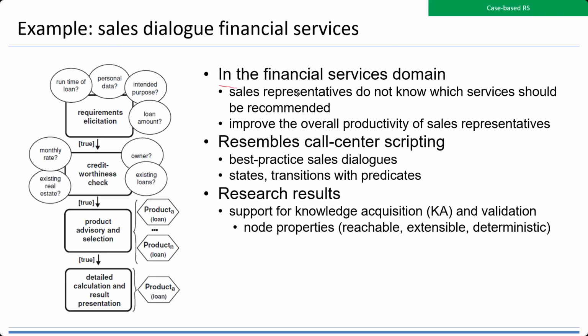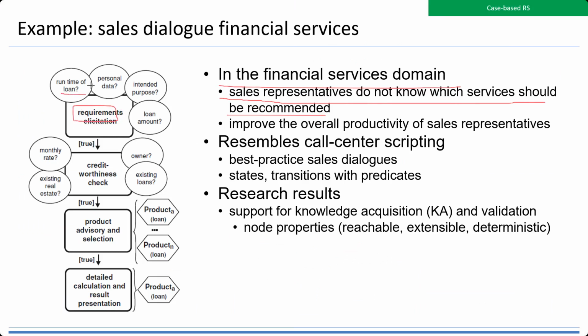In the financial services domain, the sales representative does not know which services should be recommended. So at first, let's say you want to apply for a loan, or an education loan, or a housing loan. Then at first, you need the requirements.